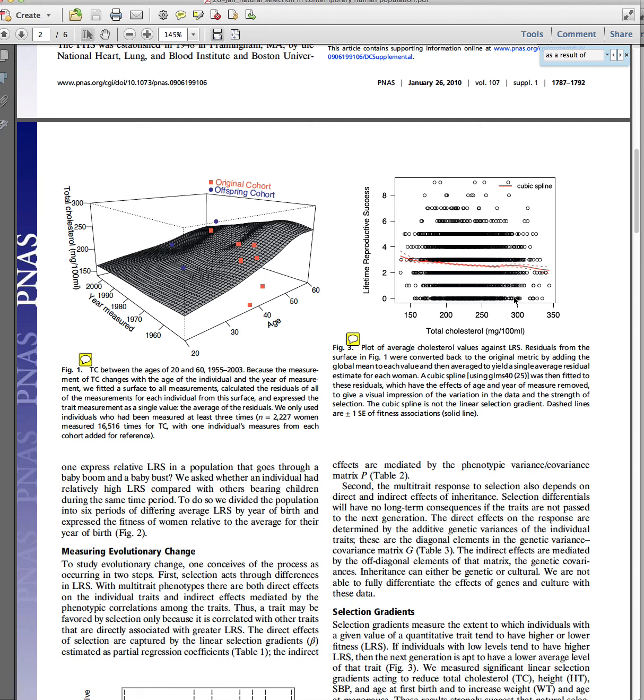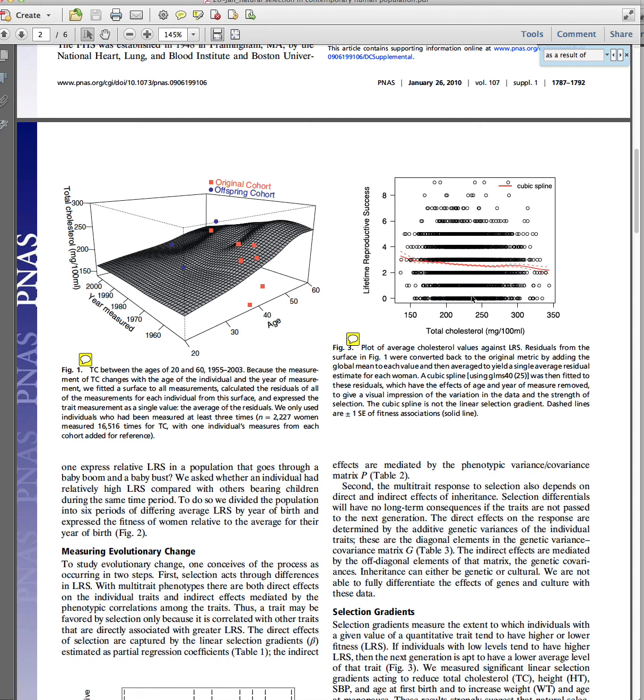And that's the value plotted here, right? So these women who had 0 children are plotted here for their cholesterol level. So here's one woman of, say, 340 milligrams per 100 mils of cholesterol, and her lifetime reproductive success was 0. So they plot all of their people now in their cohort that they use.